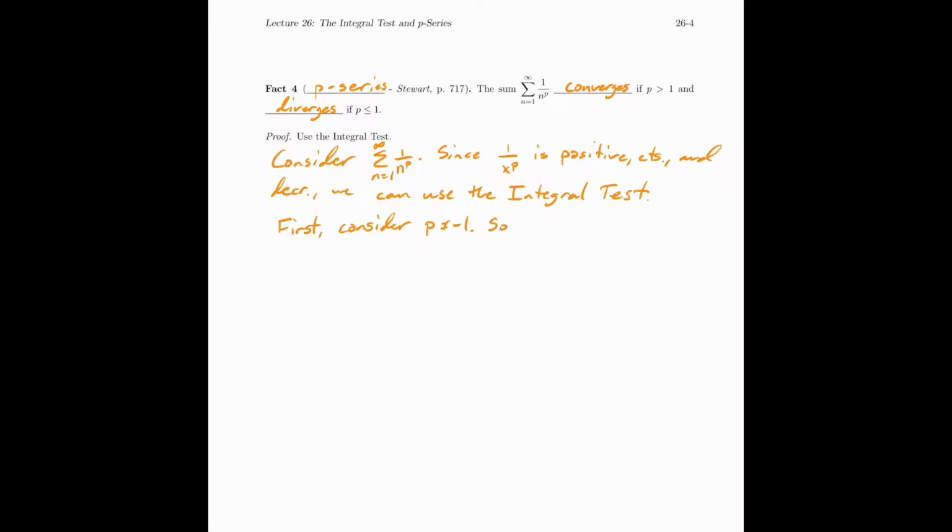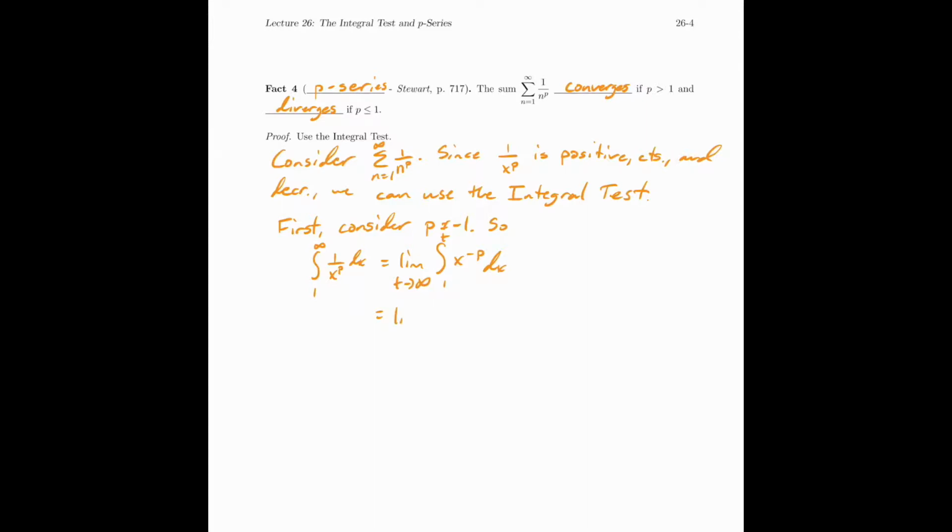So what we're going to have is the integral from 1 to infinity of 1 over x to the p dx, which of course equals the limit as t approaches infinity of the integral from 1 to t of, I'm going to write this as x to the negative p dx.